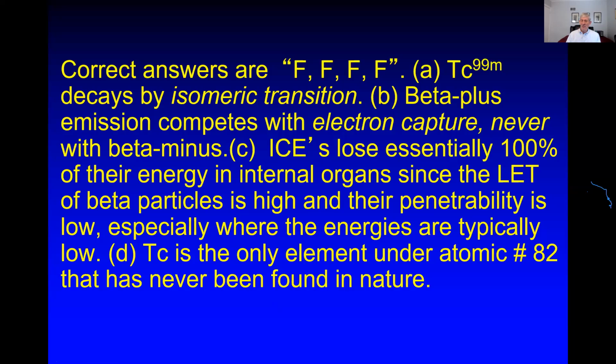Unless you had a half-life of billions of years or a stable nuclide, you'd never see it in nature. Technetium has none of that. It has no stable nuclides, and the longest half-life we know is 220,000 years. Compared to a human lifetime, that's pretty long. But compared to 4.5 billion years, that's like a microsecond.